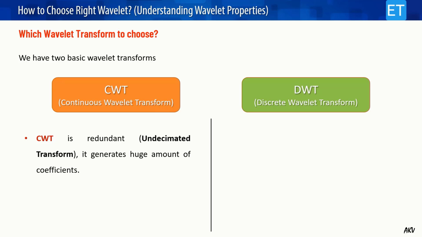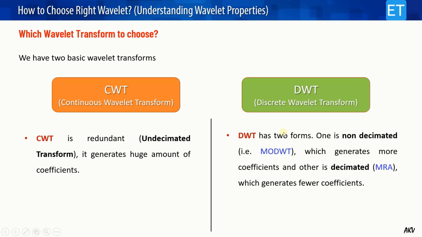It generates a huge amount of coefficients, while the DWT has two forms. One is non-decimated, an example being MODWT, the maximally overlapped discrete wavelet transform. This generates more coefficients, while the other form is the decimated form, whose example is the MRA, the very popular multi-resolution analysis. That generates fewer coefficients.